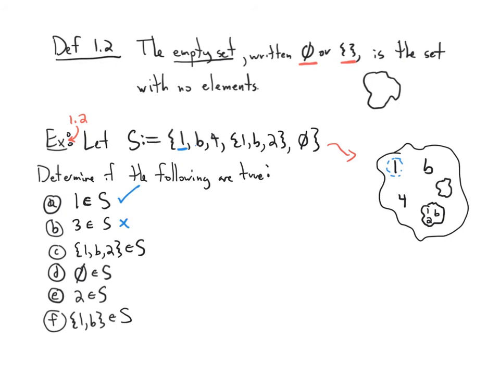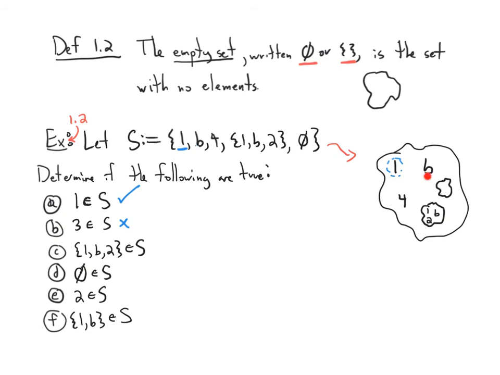Is the set 1, b, 2 an element of our set? Well, let's see about this. If I put my hand in this bag, can I pick out in one go the bag containing 1, b, 2? In fact, I can. Here it is. There are 5 things I can pull out.